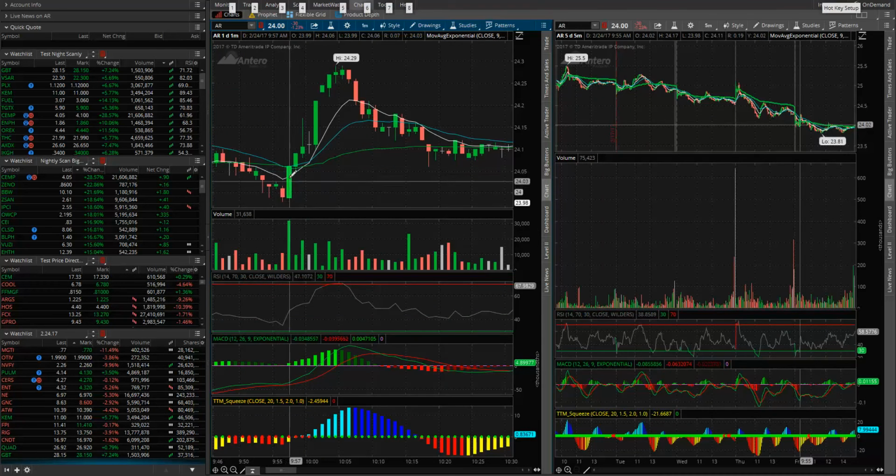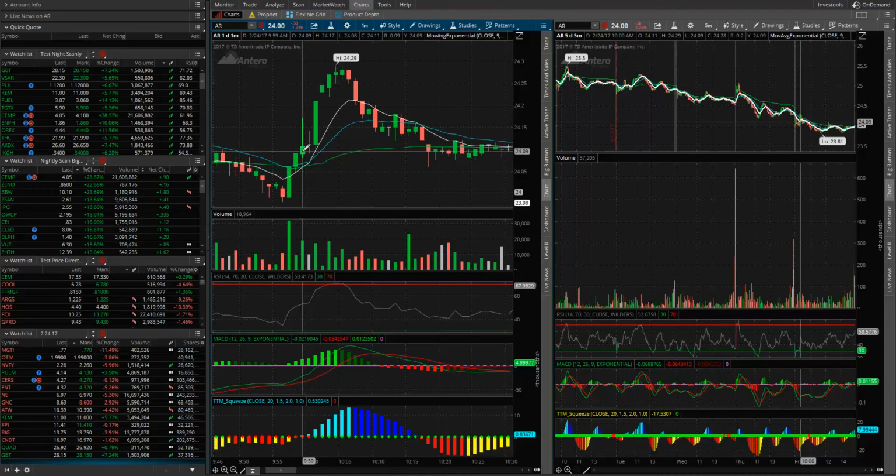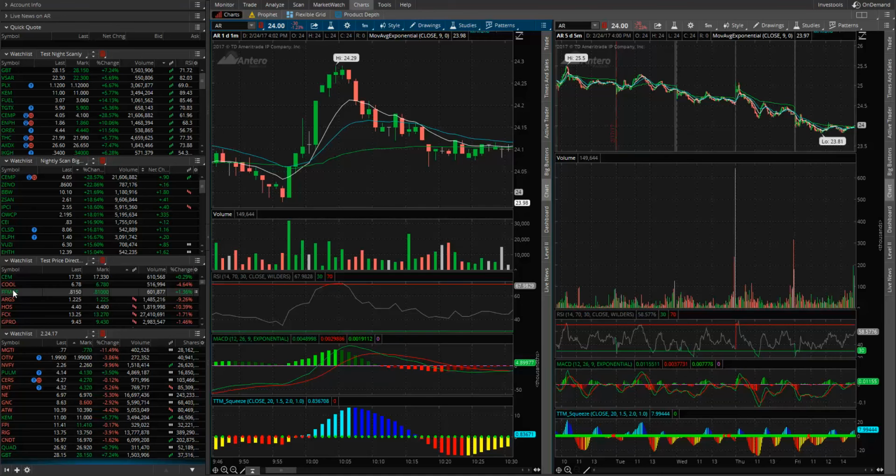For example, this stock would have appeared on my scanner as soon as it closed, because this one went green. Any stock that closed green on the last 2 consecutive 1 minute candles would automatically appear, and then you can take a look and catch something that's popping.